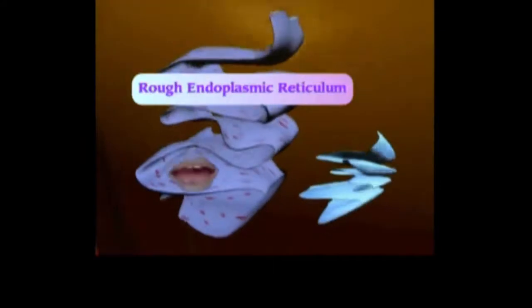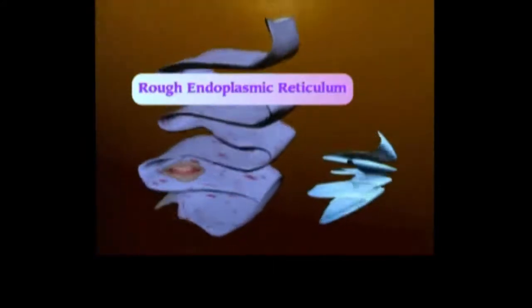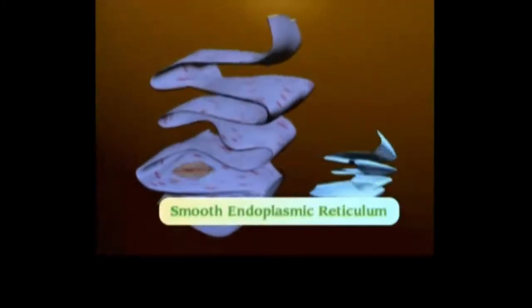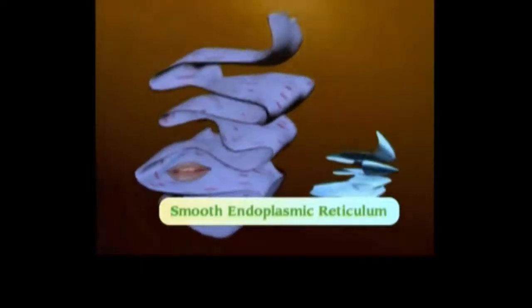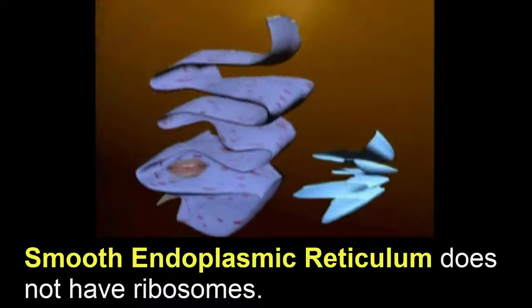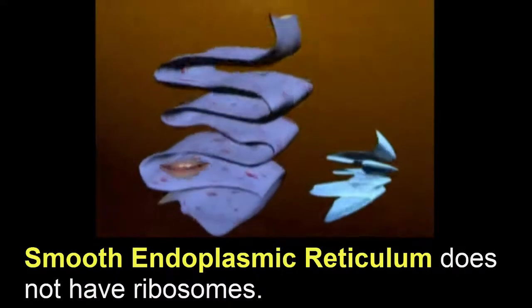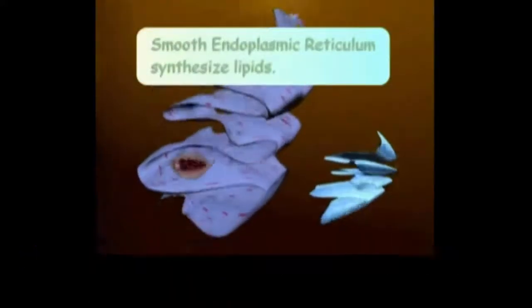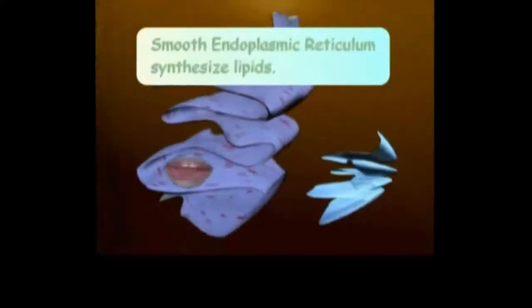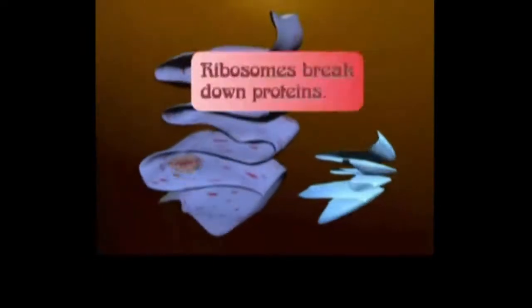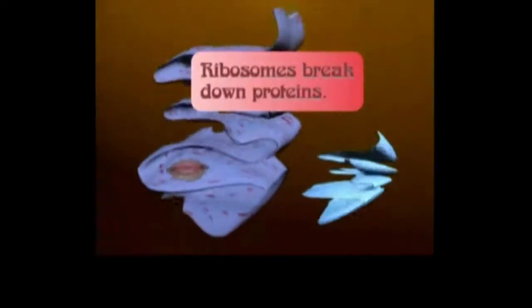There are rough endoplasmic reticula, like me, and smooth endoplasmic reticula, like my cousin. Smooth endoplasmic reticula do not have ribosomes on their surface. So what do they do then? The smooth endoplasmic reticula synthesize lipids, which are organic compounds like fats and waxes, while ribosomes break down proteins.